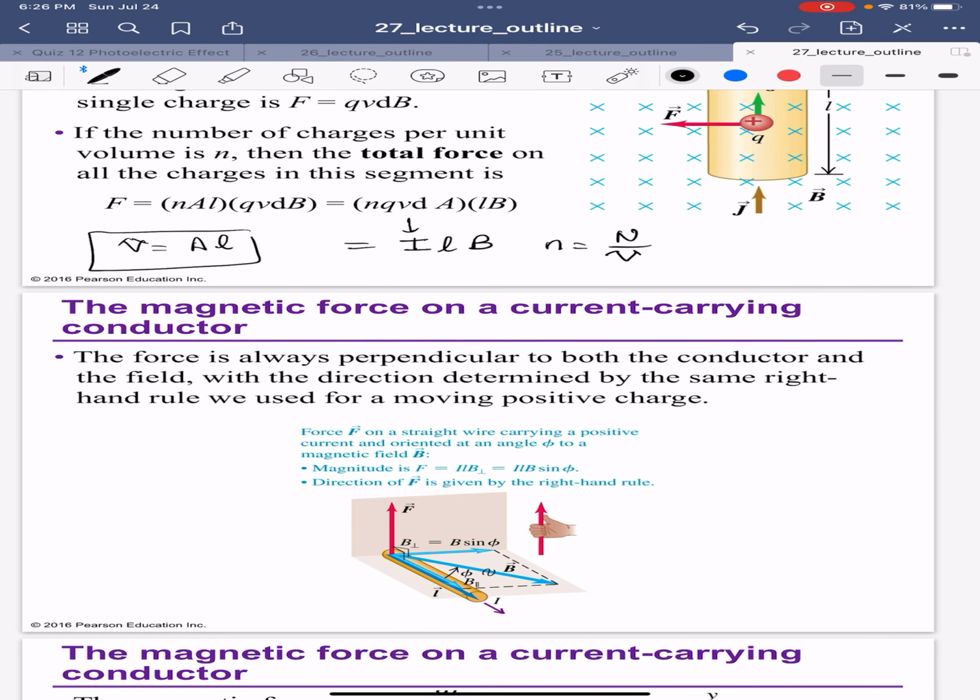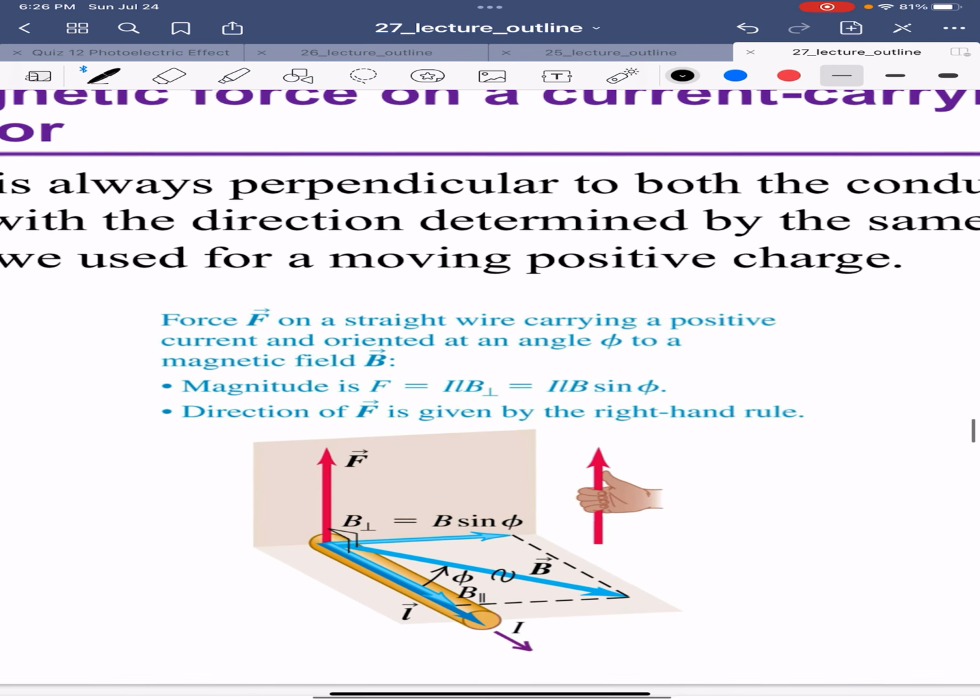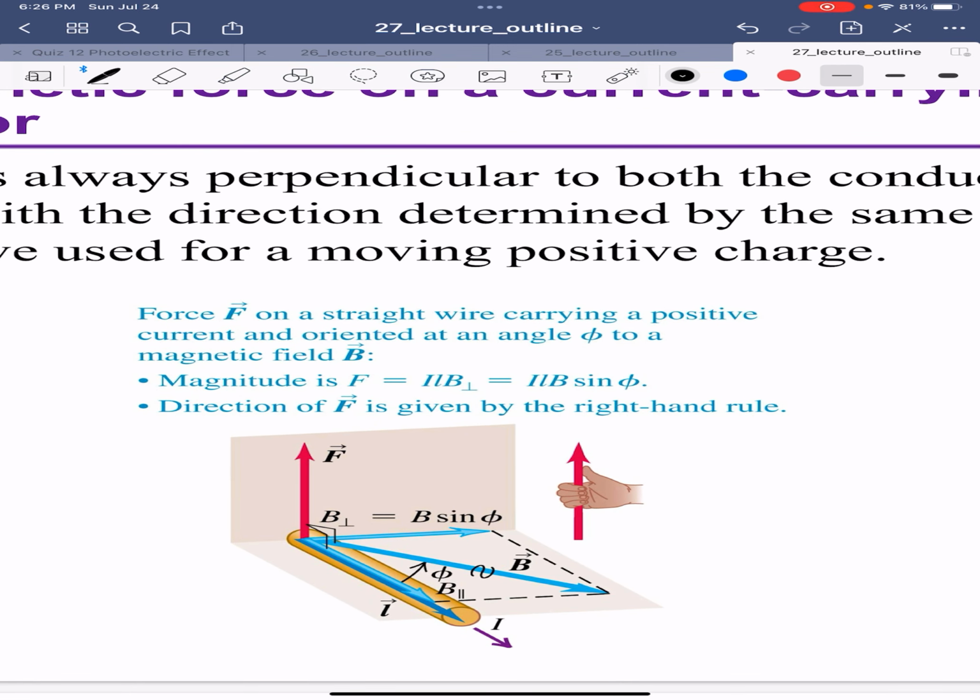Also, the force is always perpendicular to both the conductor and the field, with the direction determined by the same rule, which is the right hand rule used for a moving positive charge. Here the force on that wire is going to have a magnitude of IL times B perpendicular, which means ILB sine phi or sine theta, and the direction is going to be determined by the right hand rule.